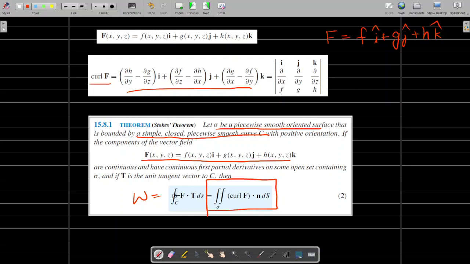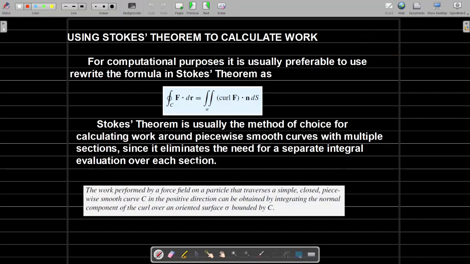So we can use this as a formula for work done. This is an alternative form of the same theorem. The work done, that is integral over C of F dot dr, can be written as the double integral over sigma of curl F dot N dS using Stokes theorem, where sigma is the surface across which we are calculating the work done, and C will be in the positive orientation.